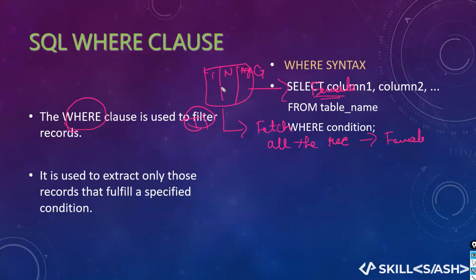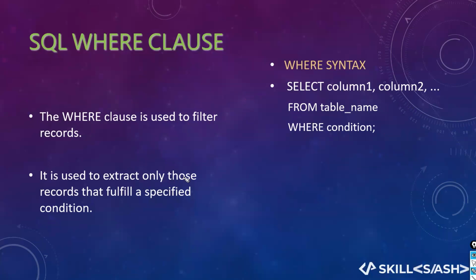Yeah, guys. And what are the filters? According to your analytics, you can apply all those filters. It is used to extract only those records that meet a specified condition. Here, look at the syntax: select whatever column name you want as part of the output from whichever table, where what is the condition.